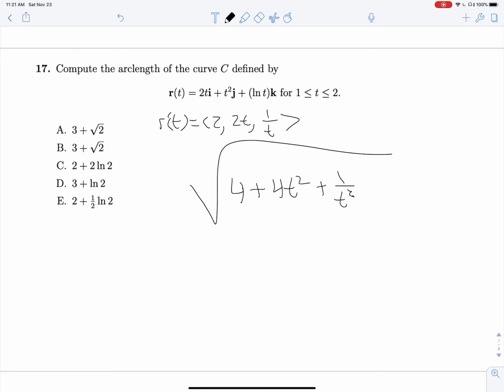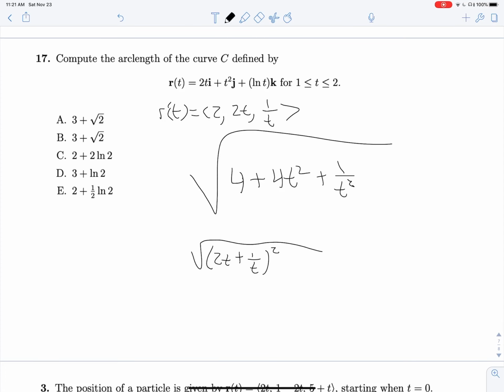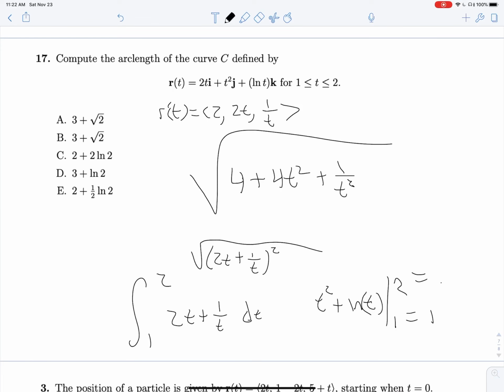This entire expression will just be equivalent to the square root of 2t plus 1 over t squared, which will simplify down to the integral from 1 to 2 of 2t plus 1 over t dt. Well, this is just going to be t squared plus ln t evaluated on 1 to 2. This will give us 1, and this will give us 4 plus ln 2.